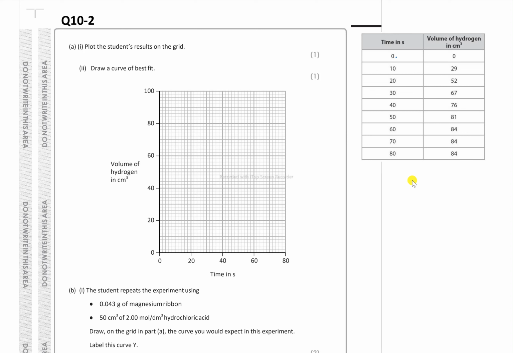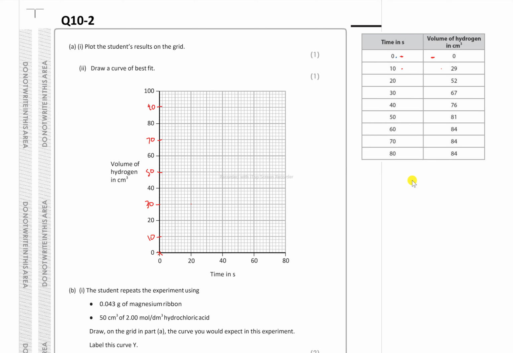Let's use a different color. 0 time, 0 hydrogen. So there's 1 point there. At 10 seconds, you've got 29. At 30 there. So be careful with this. That's 10, and so on. I'll go all the way to 80, 70, 80, and 90.